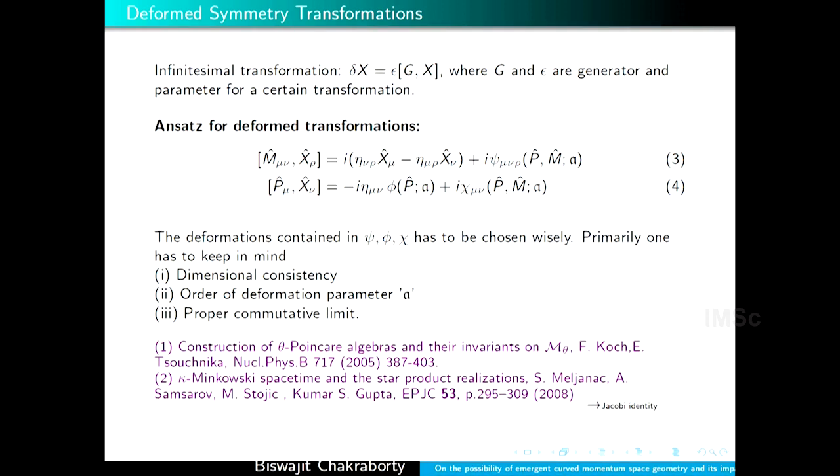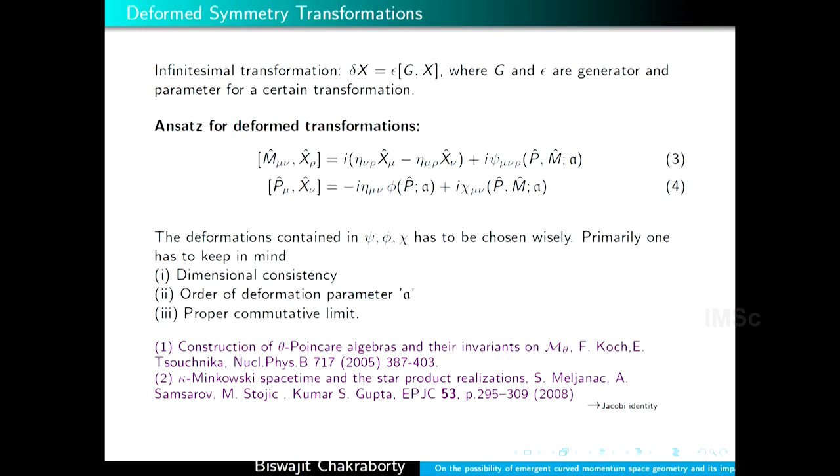So it is an old result, and we will try to maintain the order of the deformation parameter at the linear level as much as possible, because the moment you go beyond linearity, it proliferates and becomes uncontrollable, and at the end of the day we have to ensure the proper commutative limit is reproduced.